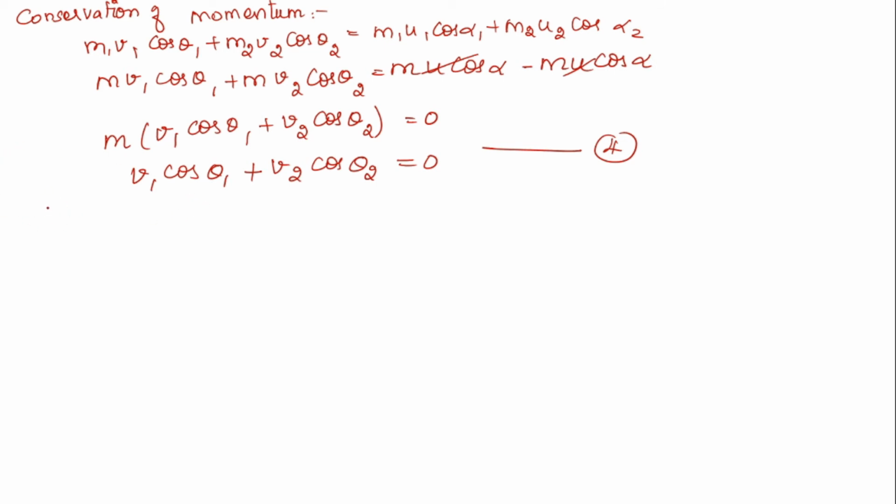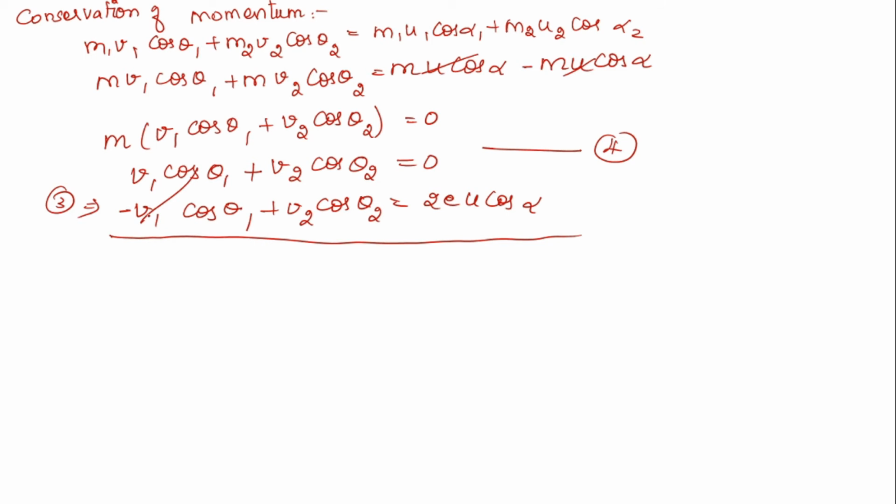So our third equation is, sorry, it is actually minus v1 cos theta 1 plus v2 cos theta 2 is equal to 2eu cos alpha.